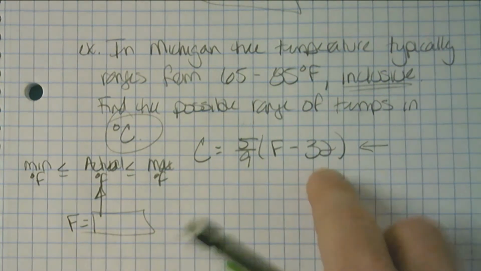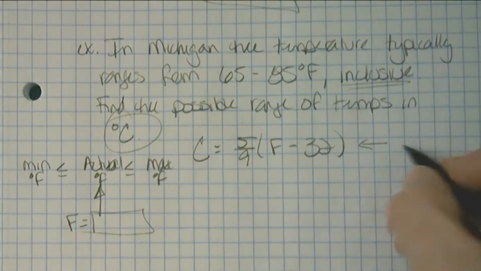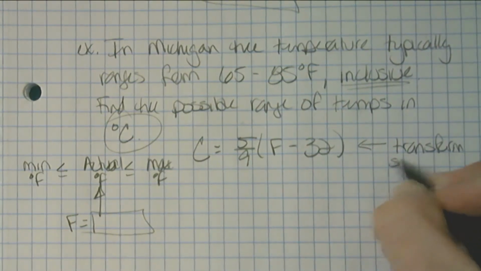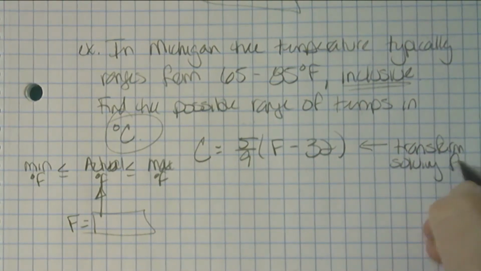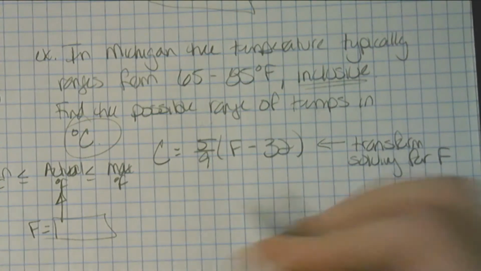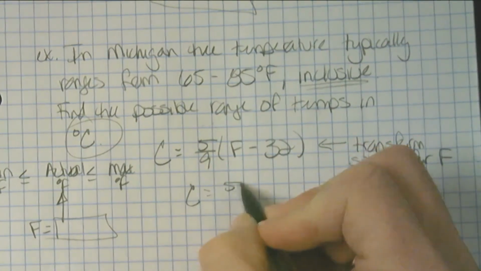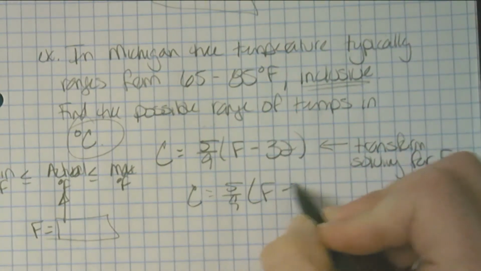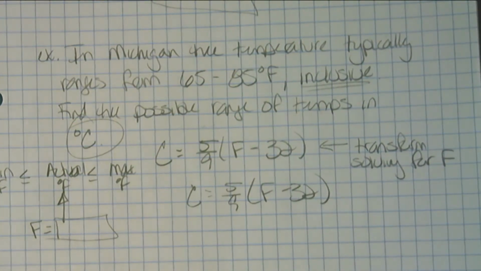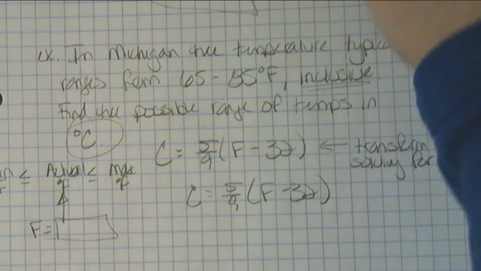So all of you, let's transform this formula, solving for F. So what's the first thing I'm going to do to solve this equation for F? And please don't say use the distributive property. What should I do to start solving this equation for F?